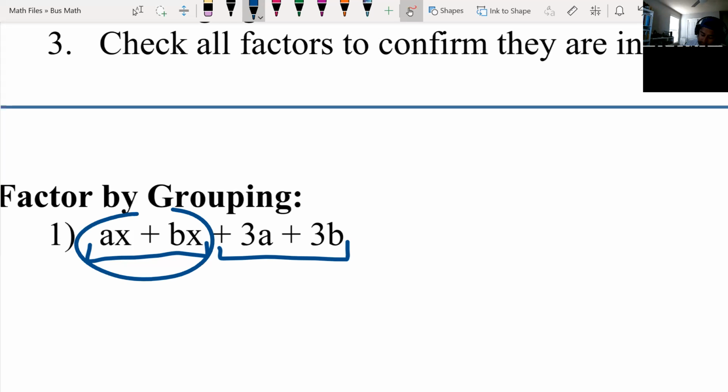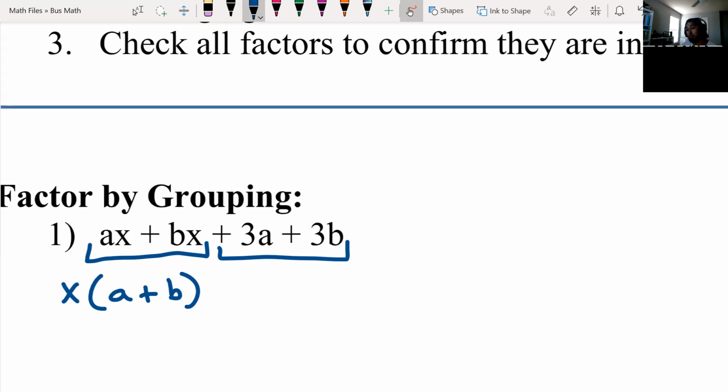So for ax and bx, what's my greatest common factor in that one? X. So I take an x out, and that'll leave me with a plus b. Good with that? Okay.